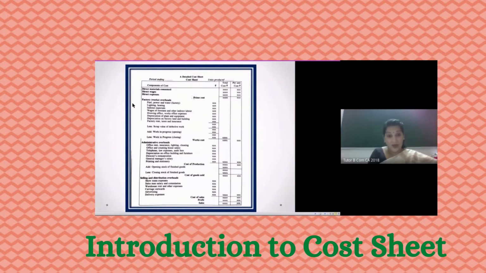Then it talks about works cost by adding factory overhead. Then we come to the cost of production by adding the administration expenses. And last, we add all other selling and distribution expenses to find the total cost. Then the last part is something we use for managing the selling of our product in the market, where we consider the profit margin expected by us. That will also help us find the sales revenue. All right, so this is the content of a cost sheet.